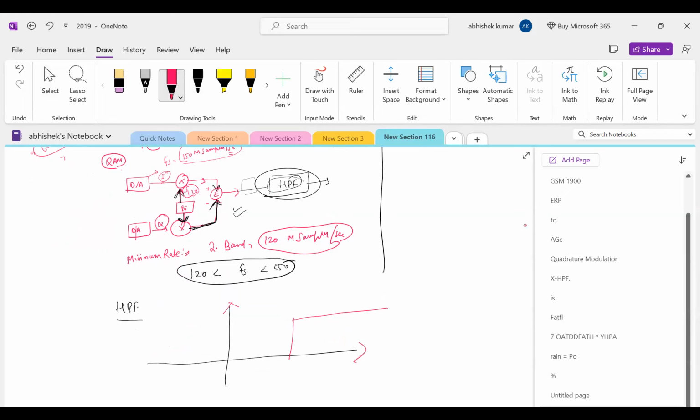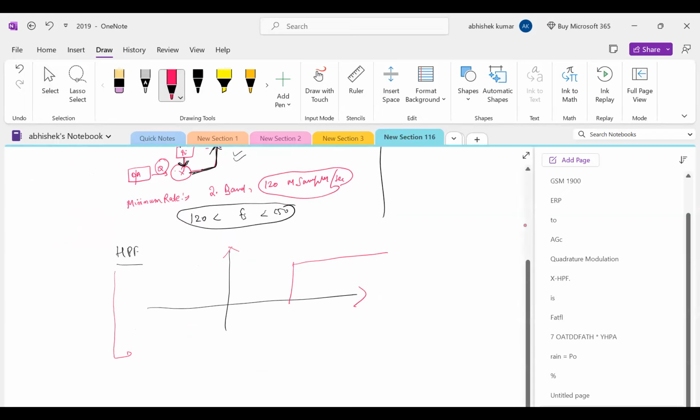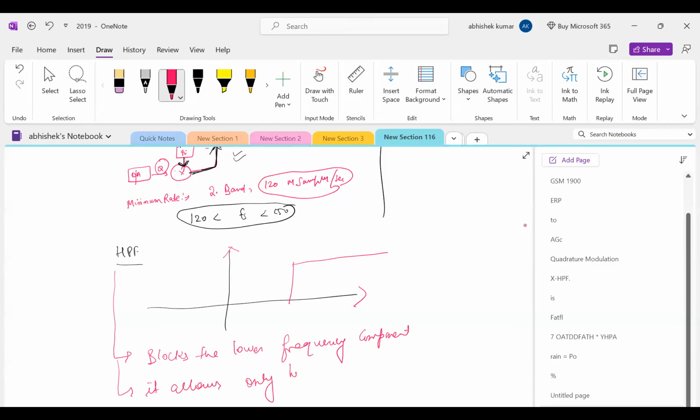A high pass filter blocks the lower frequency components. It allows only high frequency components to pass.